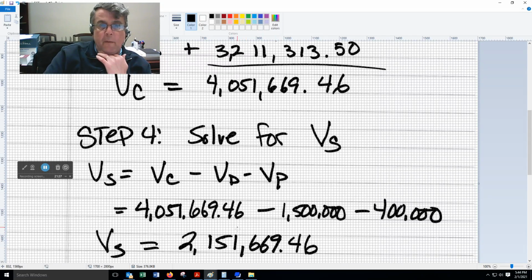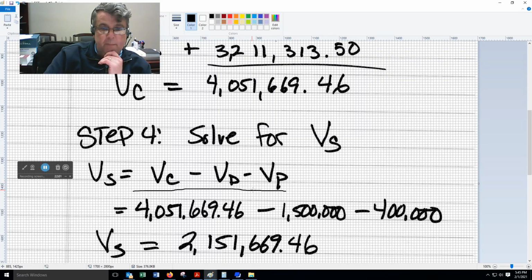We take the $4,051,669.46 that we got from step 3. We subtract, that's our VC. You can see I got the formula here. Minus VD, which is the value of the debt.